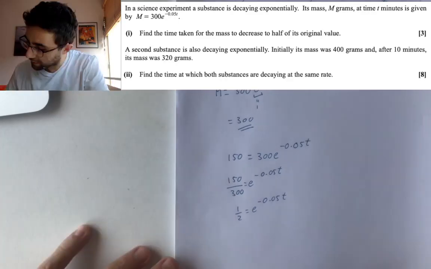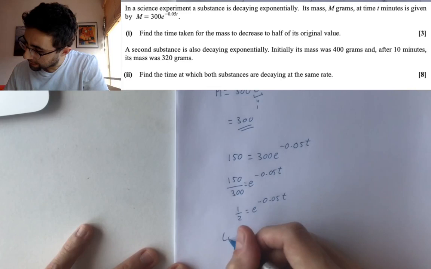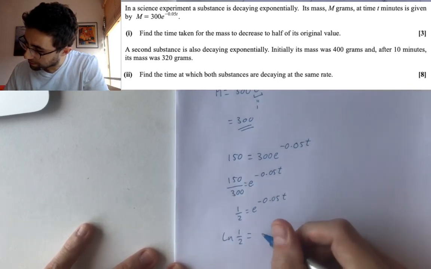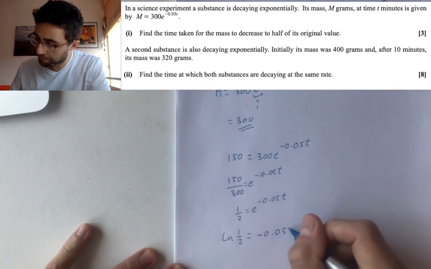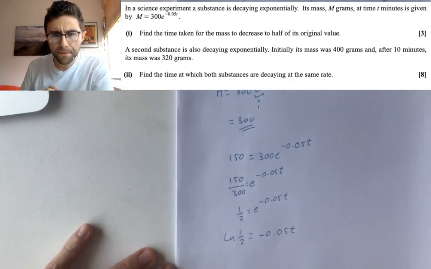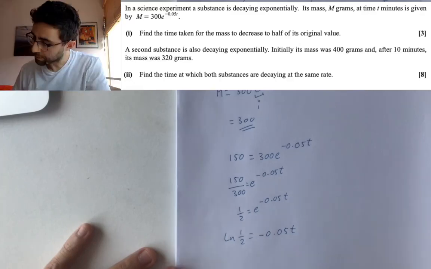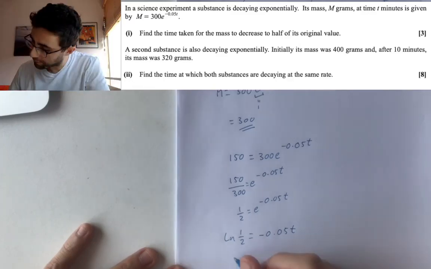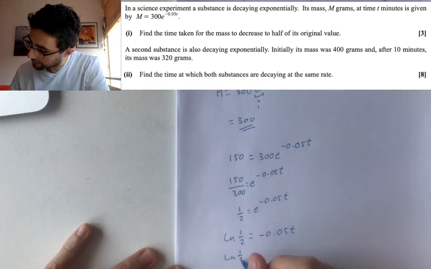Log both sides. I'm just going to do it in one step. If you take the natural log of both sides, then 1.5 over minus 0.05 equals t.